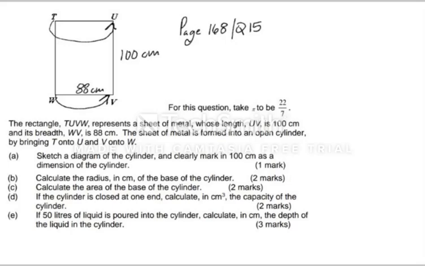The first part says sketch a diagram of the cylinder and clearly mark in 100 centimeters as a dimension of the cylinder. All right, so we could do it in this empty space here.